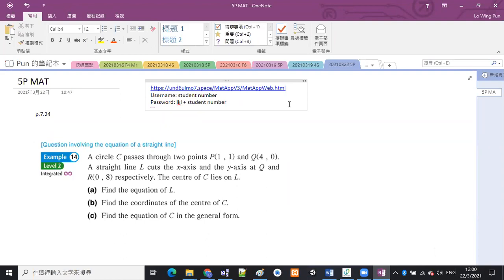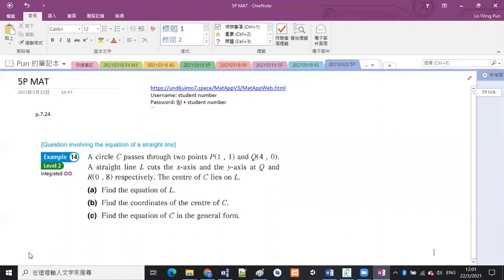In this question we have a circle and the name of the circle is C, and we also have a straight line and the name of the straight line is L. In part A, find the equation of L, which means that the question asks us to find the equation of the straight line.